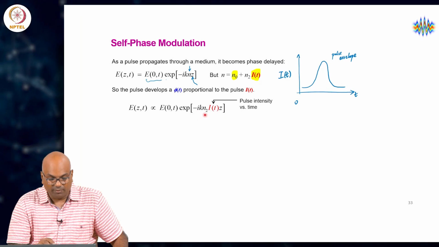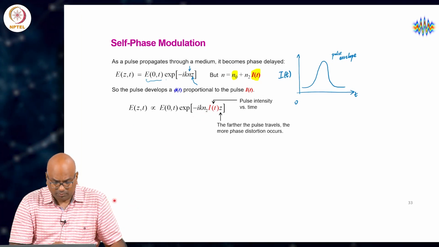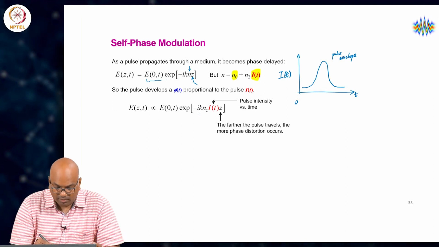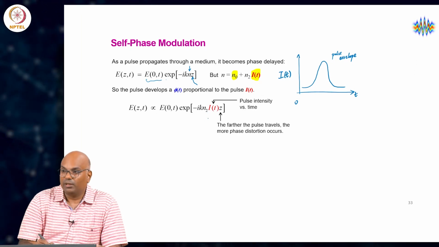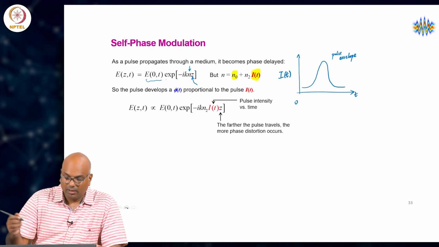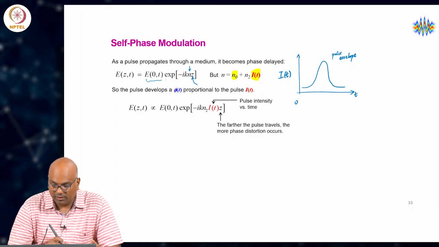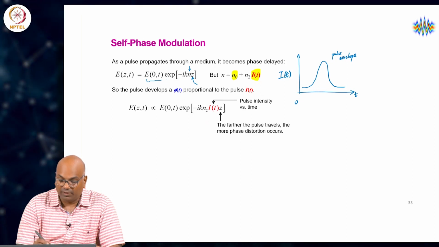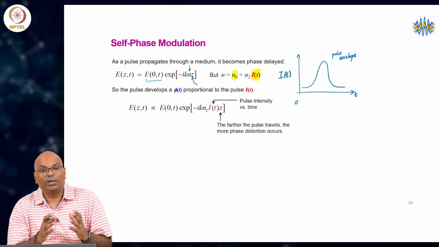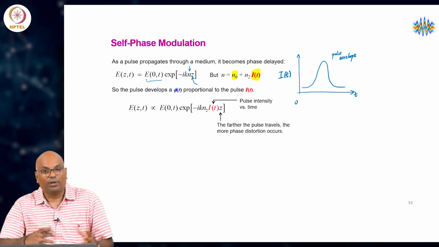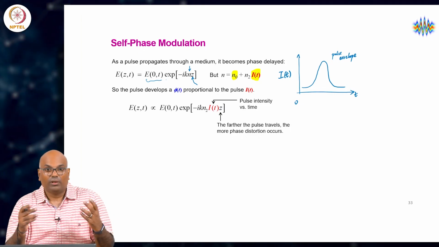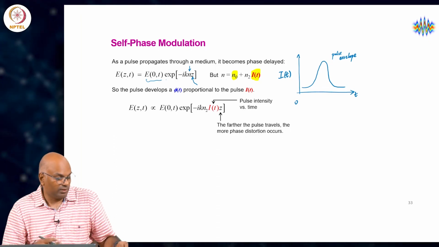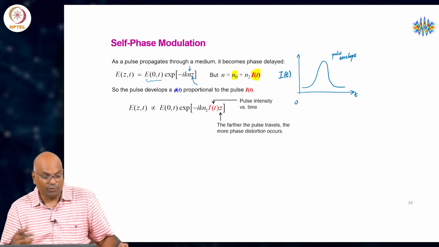So, therefore, this is the beam. Look at the phase term phi of t, it is essentially now proportional to the temporal profile of the pulse n2 of I of t. So, the farther the pulse travels, the more the phase distortion it accumulates by traveling a certain length. So, if you put it in a fiber and propagate the pulse for kilometers, the phase distortion is going to accumulate many fold as against propagation within the limited confines of a laboratory over a few meters.